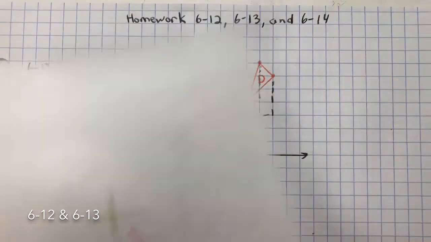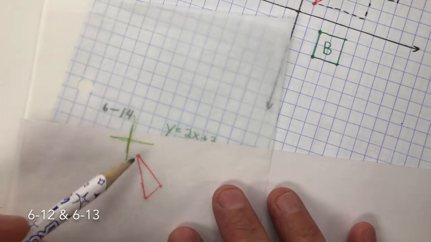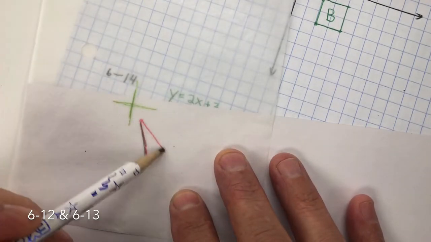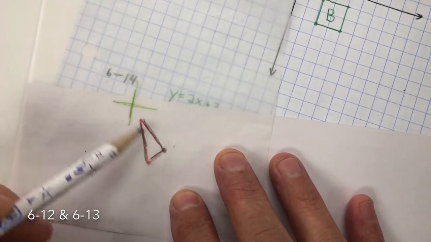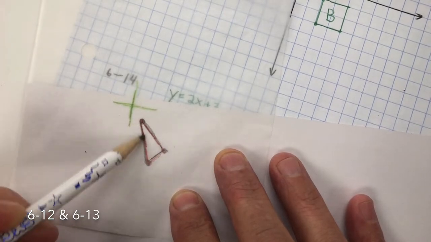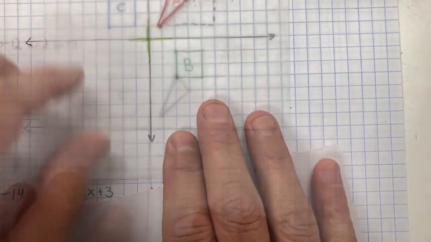Now, if you wanted to trace it, you would have to use colored pencil on the back side. Make the points and press down really hard so it's nice and dark, because that'll act like carbon copy paper and it'll leave a mark.